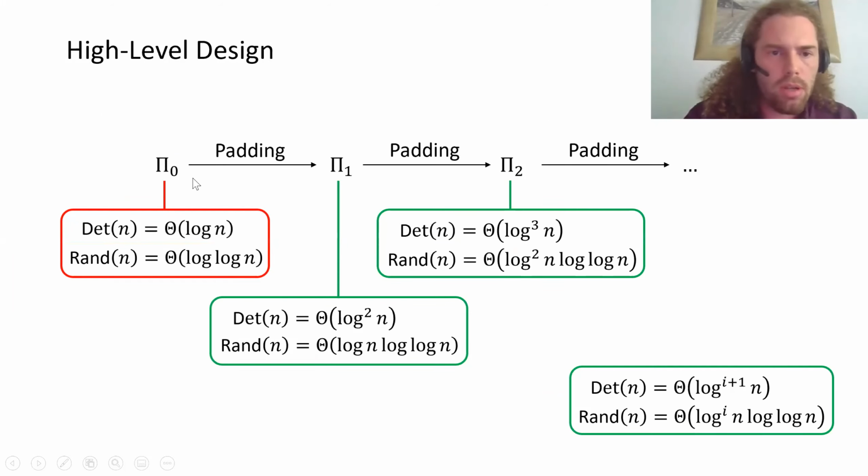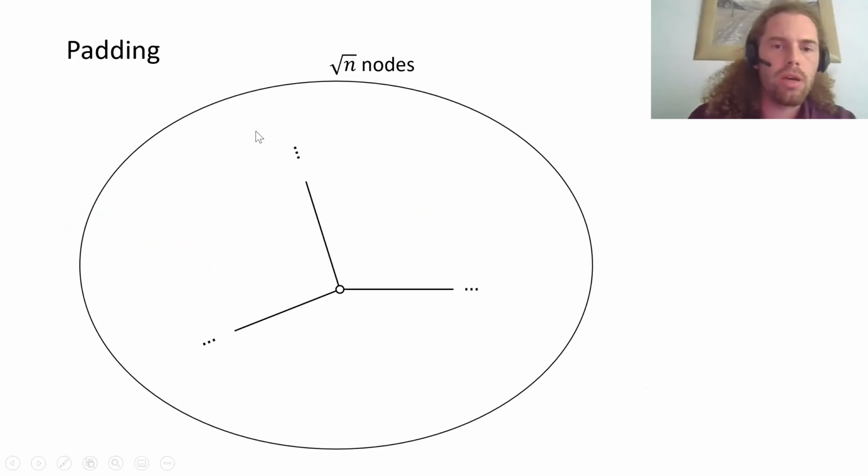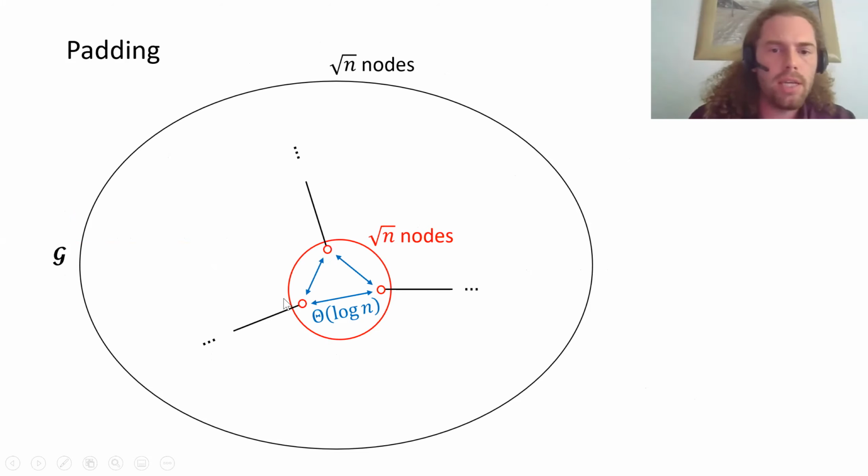Now, to give you an idea of what this padding is and how we get a new problem pi1 from a given problem pi0, let's look at what we want to have as our worst case graphs. So our worst case family G is consisting of all the graphs that we get by starting with a root n node graph, roughly root n node graph, and then replacing each node by some gadget, which is just a subgraph that also consists of roughly root n nodes. So in total, we have n nodes, but also the distance between any two edges that leave the gadget is in theta of log n.